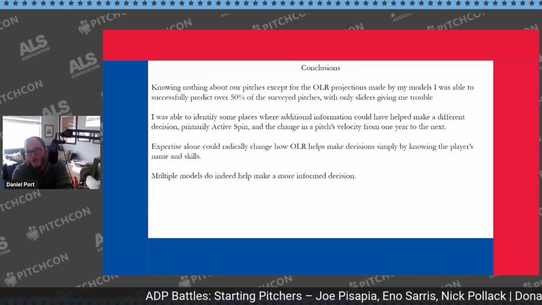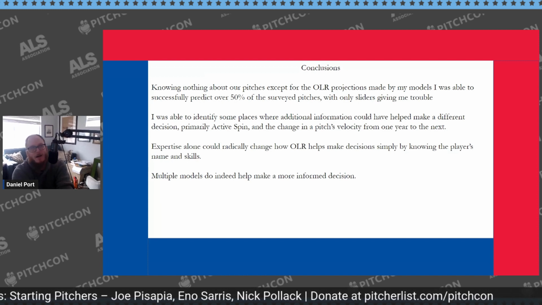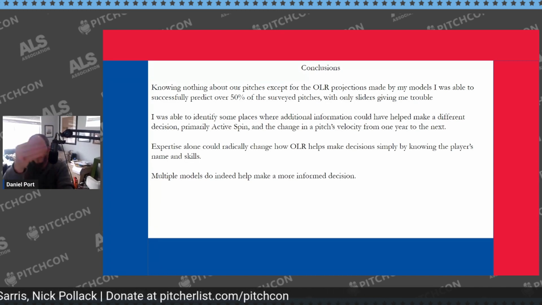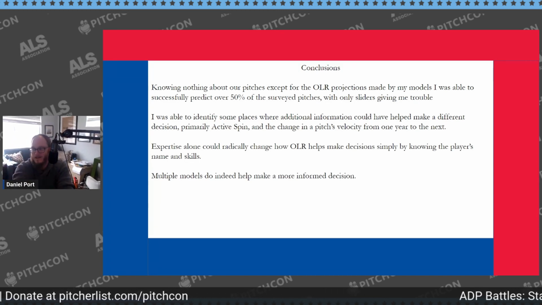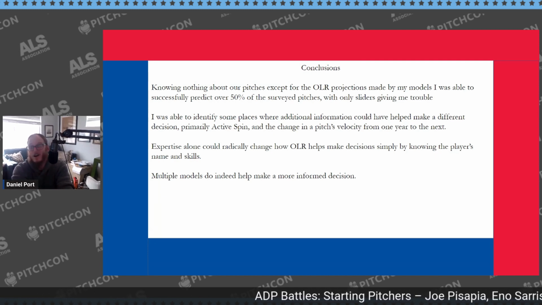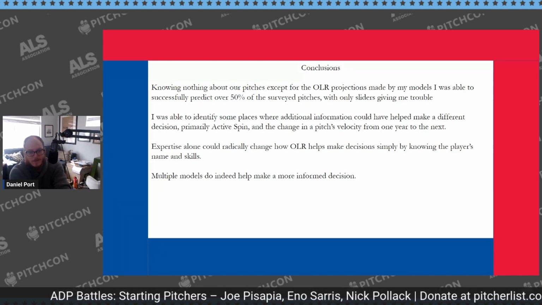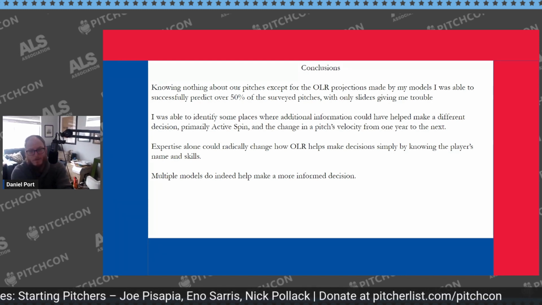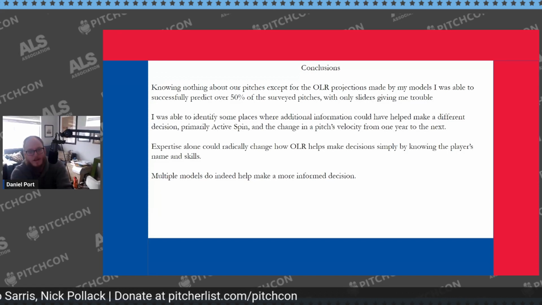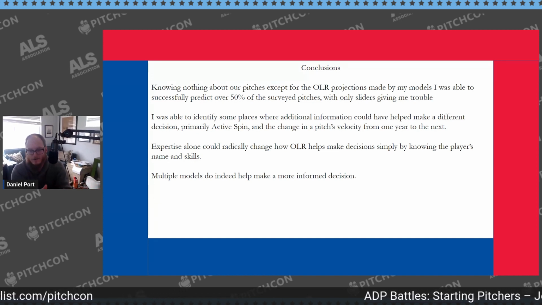Expertise alone can radically change how OLR helps make decisions, simply by knowing the player's name and skills. There are times where I'd be grading them later, because I go back and look at the p-val and that was the actual result, and I'd be like, oh, that's awesome. Like an Austin Gomber or a big strike thrower like, say, Antonio Senzatela, who is a fine pitcher, but pitches in Coors, doesn't have overwhelming stuff, and it's like, well, I would never have picked his fastball to be a positive because I know Senzatela, or something like that.